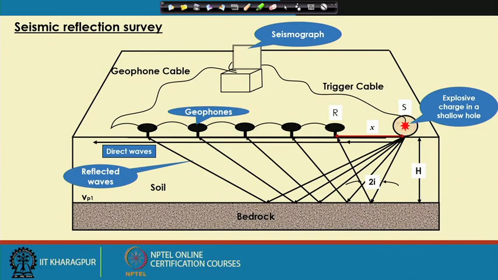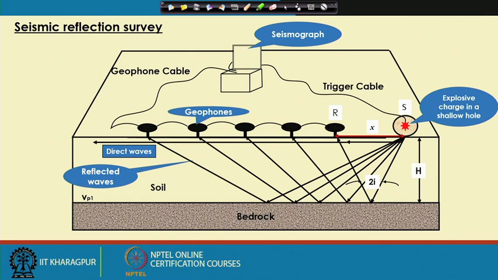These body waves are of two types: the P wave or primary wave, and the S wave or shear wave or secondary wave. Here we are basically generating these body waves at the source, either the P wave or the S wave. That is why, since these waves are generated during seismic activity or an earthquake, it is called the seismic reflection survey.